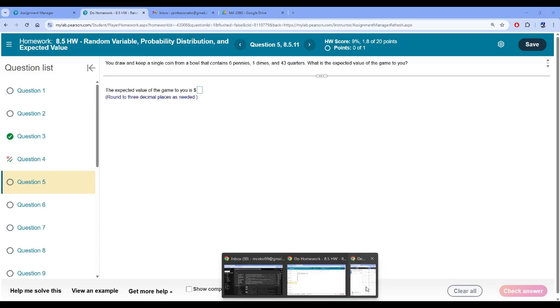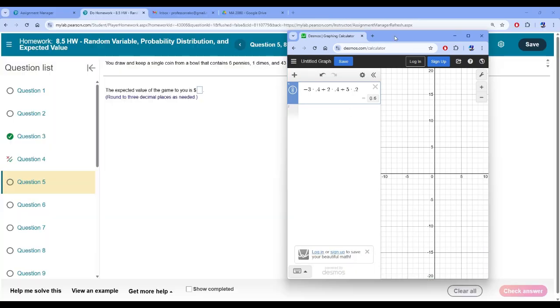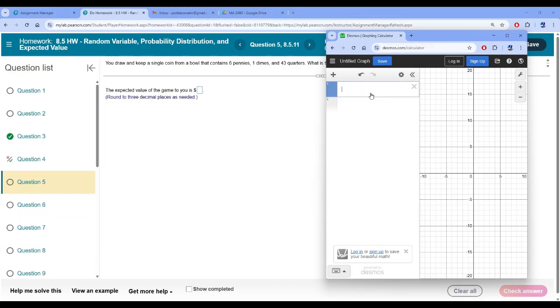So let me see if I can do it in Desmos real quick. So let's do 0.12 times 0.01 plus 0.02 times 0.1, a dime is worth 10 cents, plus 0.86 times 0.25.